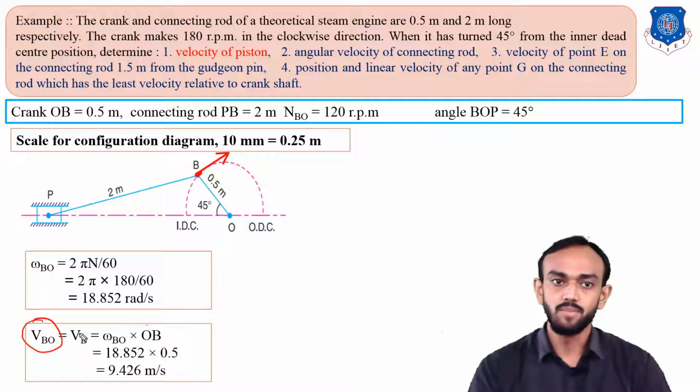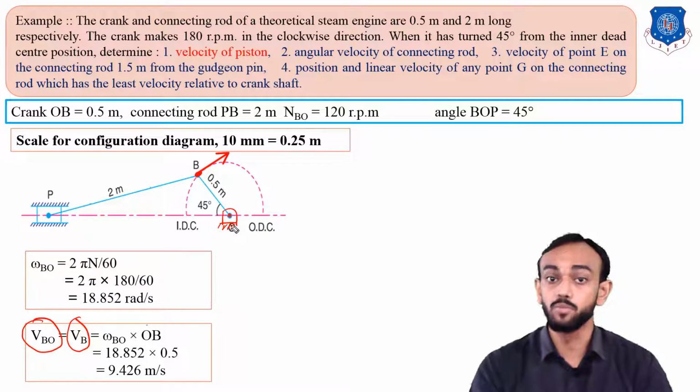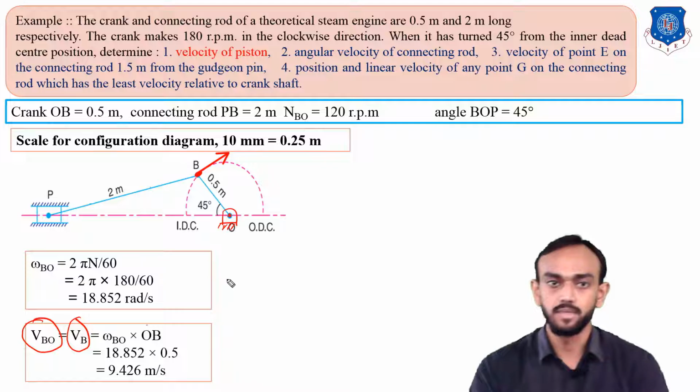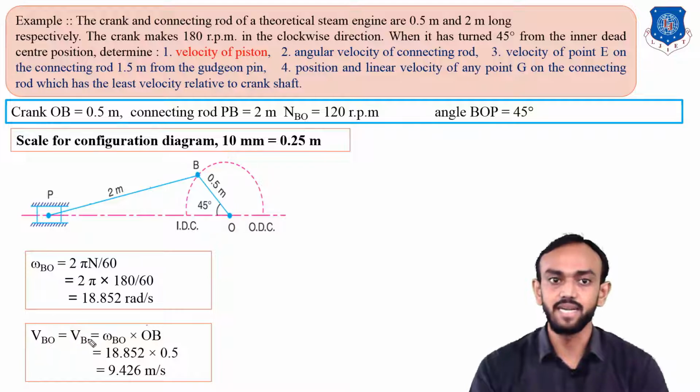But sometimes we can also write here velocity of B only, because this velocity of B is with respect to the O point, and the O point is a steady or zero velocity point, because this O point is not moving with respect to any other element. So whenever we take the reference with respect to any fixed point, we can avoid that alphabet here, and we can directly write only VB.